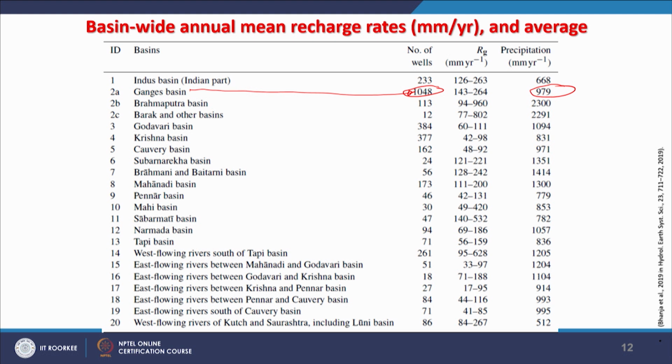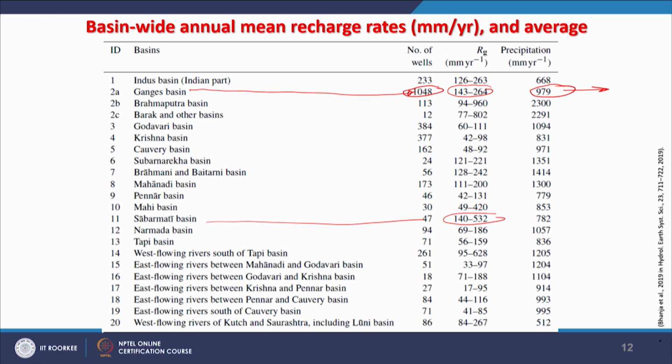If we see here that the rainfall is 900 in Indian conditions, not bad, and of course this recharge rate is among the highest, after only the Sabarmati basin, where we have a recharge rate of 142 to 532.